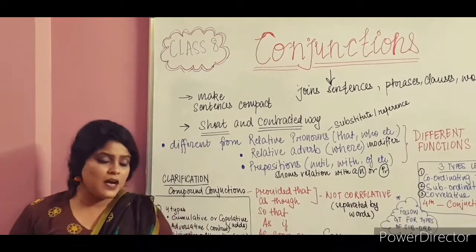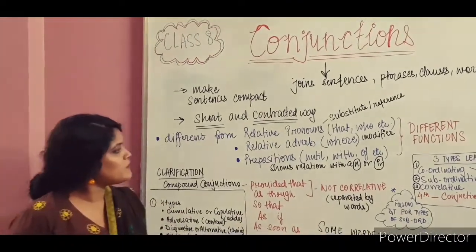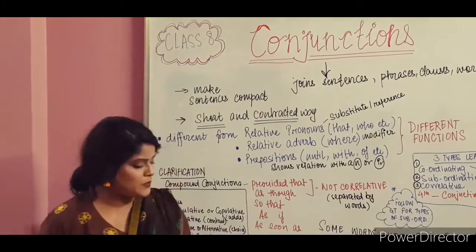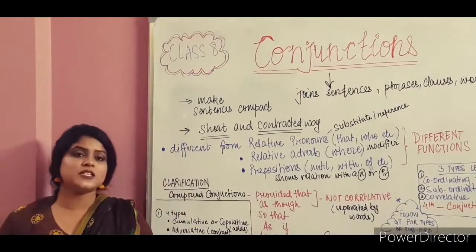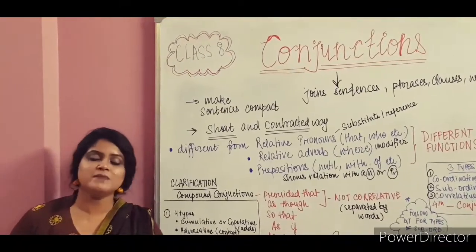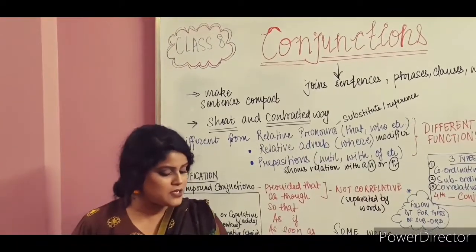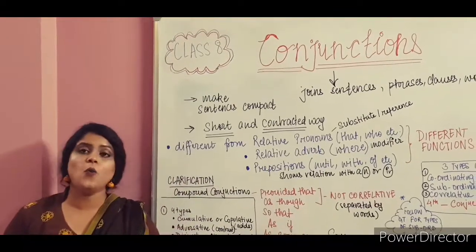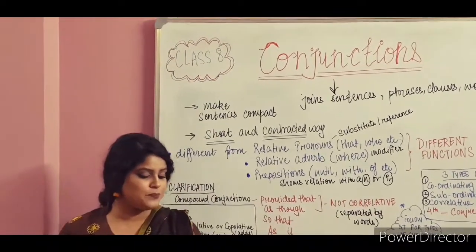Now, in another sentence, if I have to give an example of a relative adverb, I would say, this is the place where he is buried. This is the place where the man is buried. So here, the relative adverb where modifies the verb.